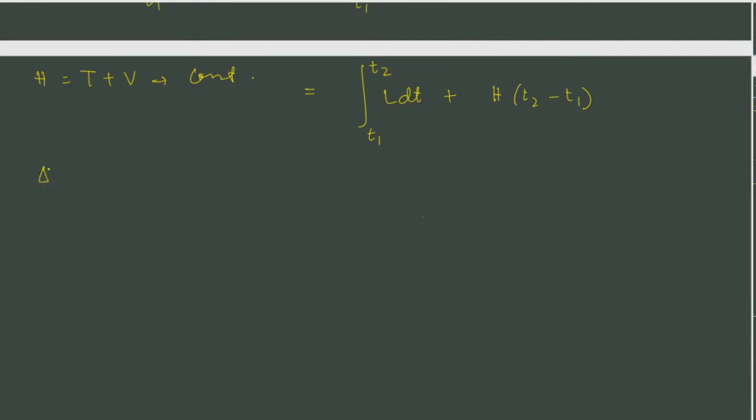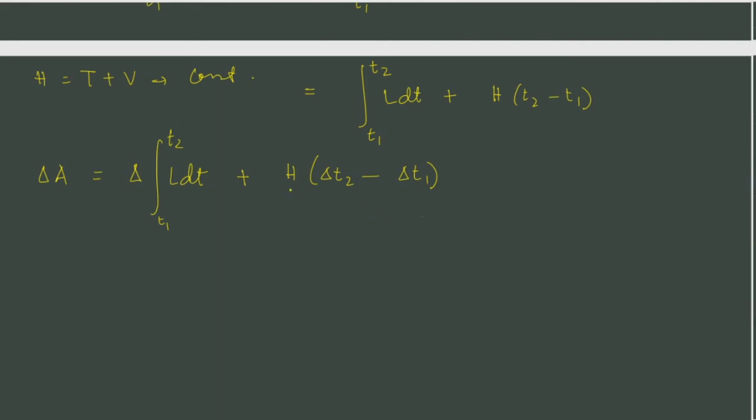As such, when we look at the delta variation of A, this should be equal to the delta variation of the action, by which I mean the Lagrangian integrated over time from t1 to t2, the action integral, plus h delta t2 minus delta t1.